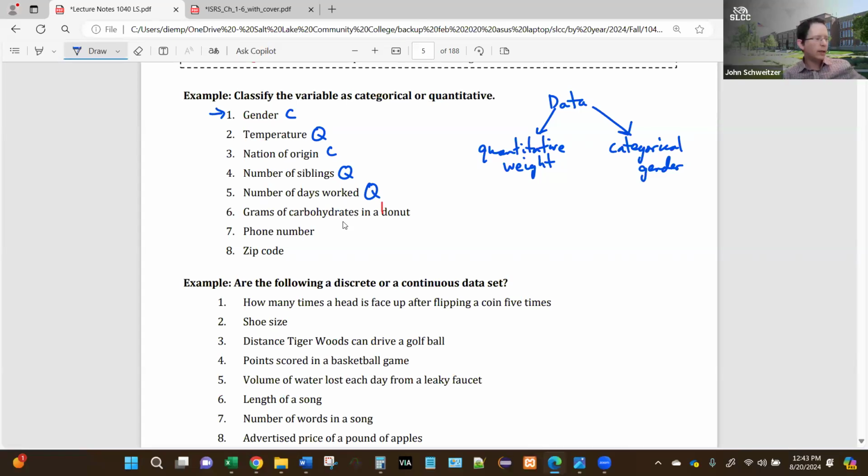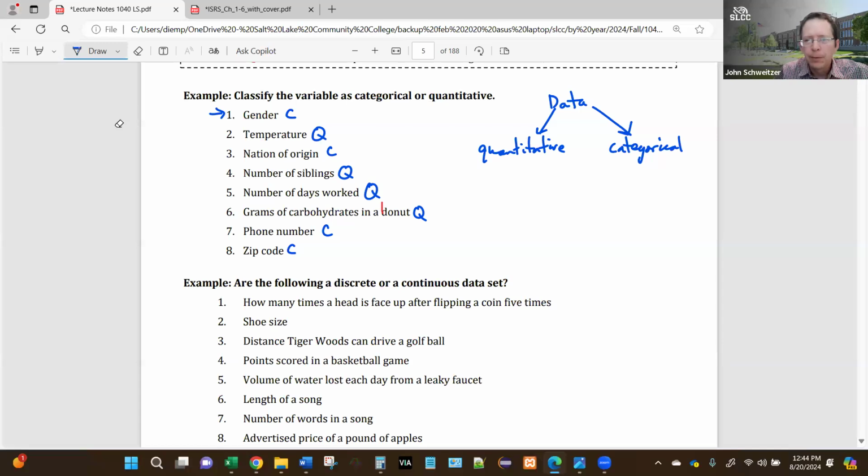You might have worked 1 day this week. That's quantitative. Okay, grams of carbohydrates in a donut, quantitative. Phone number is actually a category. Yes, it's numerical, but it's not like a count of anything. And same with zip code, those are both categorical. So you can be numeric and categorical.